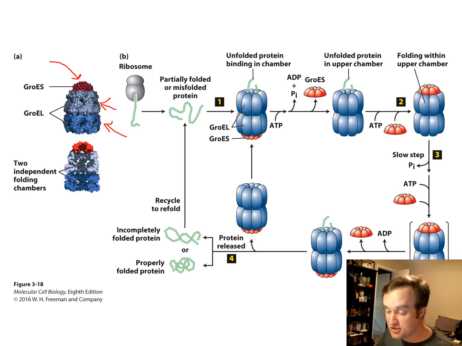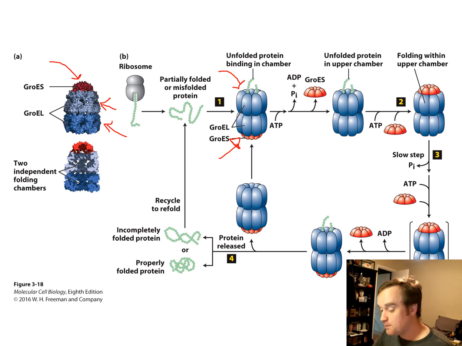So let's look at the cycle here. In step 1, a partially folded, or this is important, a misfolded protein. If a protein isn't folded the way it should, you can go through this process as well. So an unfolded or misfolded protein enters the folding chamber right here. And then the bottom chamber is blocked by one of those GroES lids.